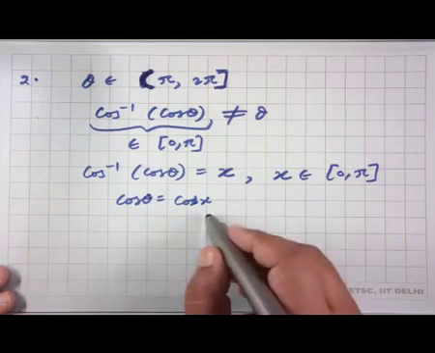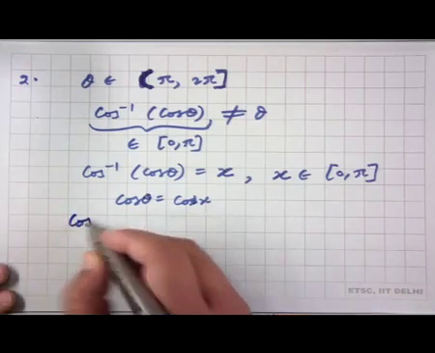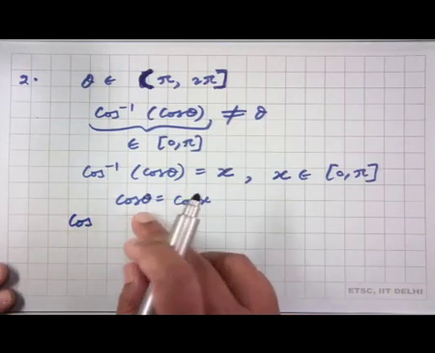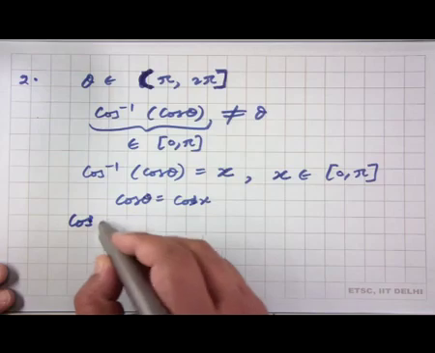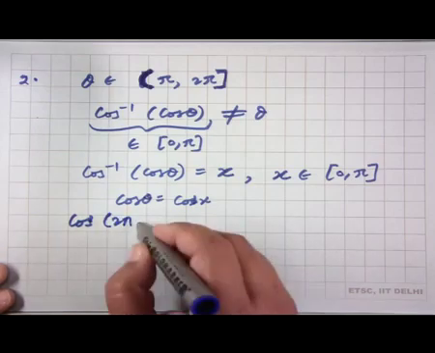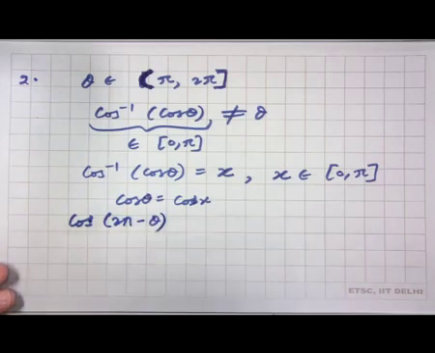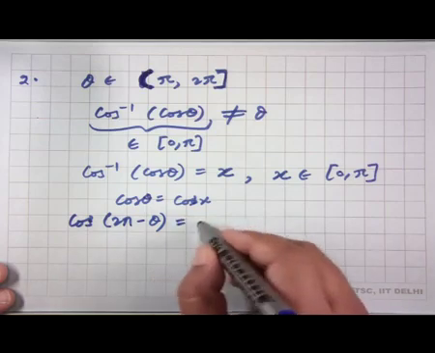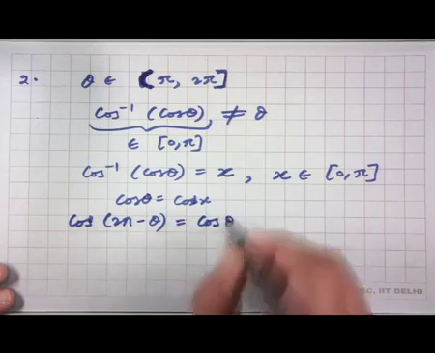We realize one thing over here, which is that since the cos function is a periodic trigonometric function, cos of 2 pi minus theta is also equal to cos theta.